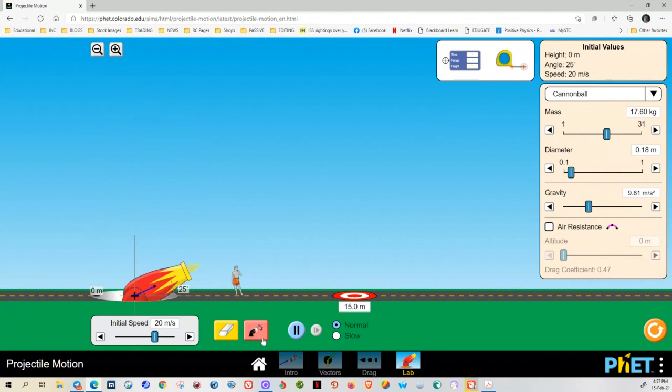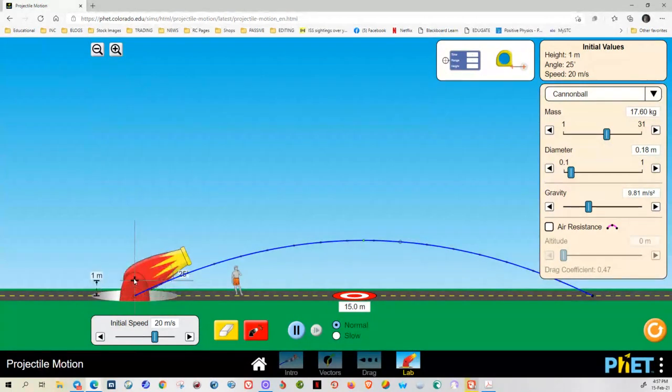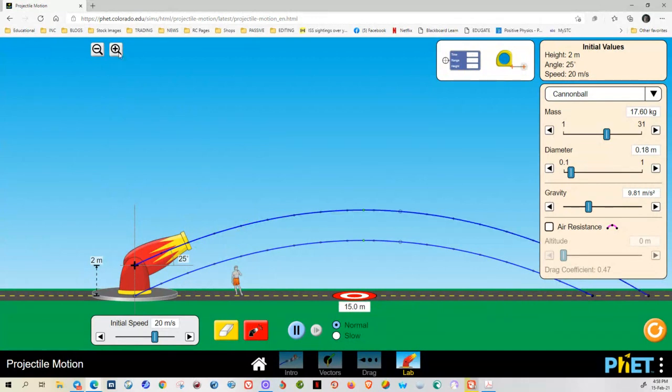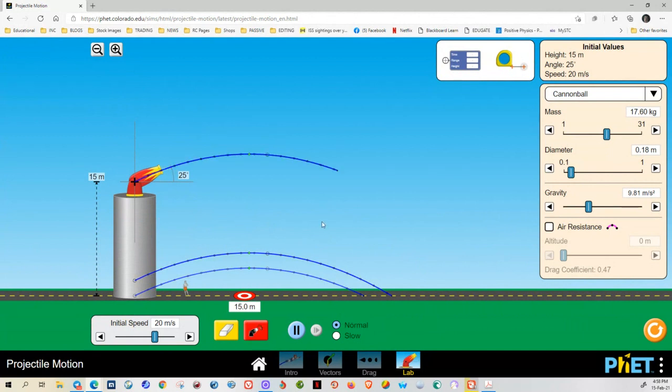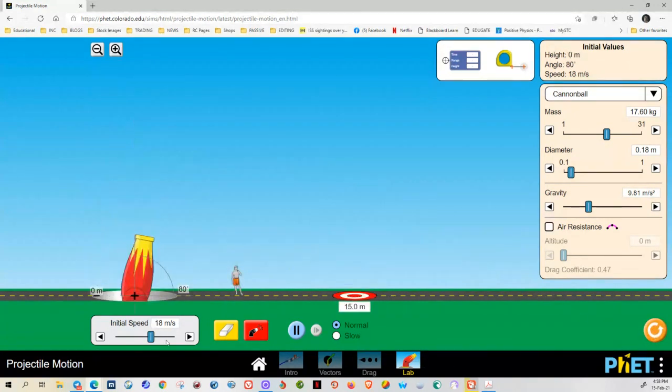If you fire the projectile, and then change the height to, let's say, 2 meters without changing anything else, obviously, your projectile will reach farther. As you increase the height, your projectile will have a higher range. Okay, that's the idea about the height.